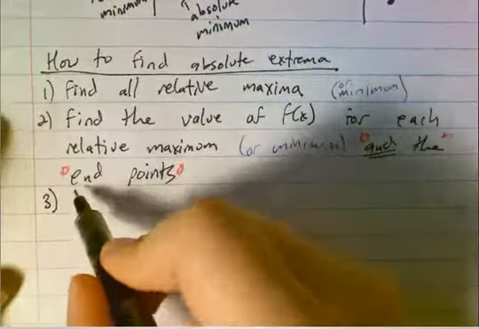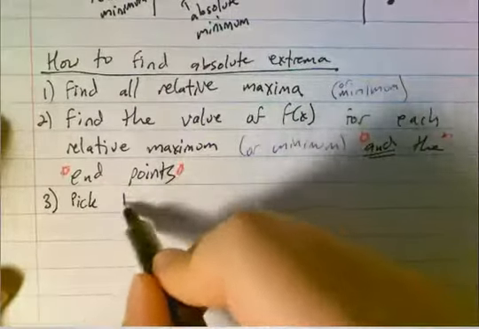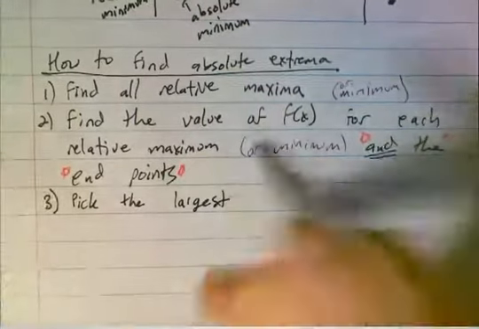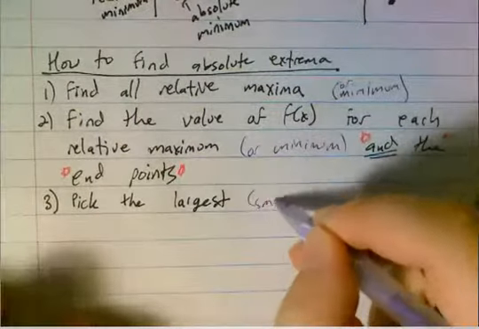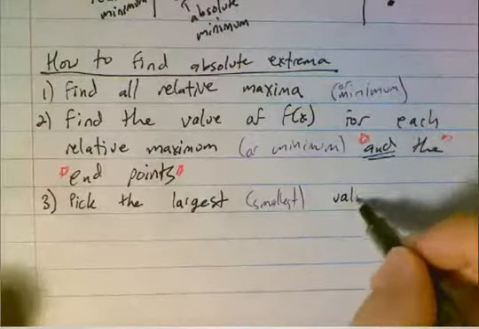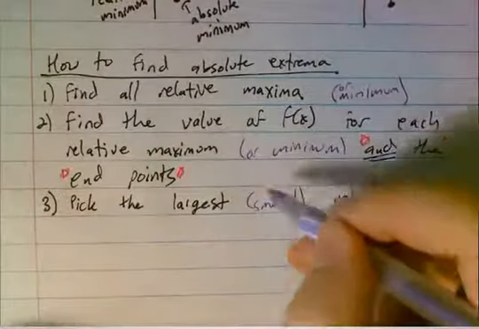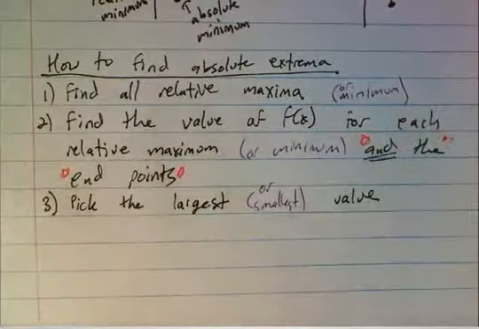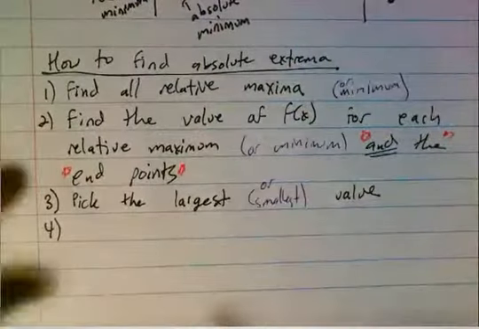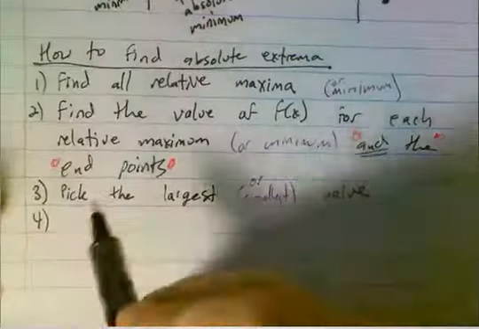So then we're going to pick the largest, or if you're doing minimum, smallest value. And then the final step is often overlooked. It's probably one of the most common errors on the test.